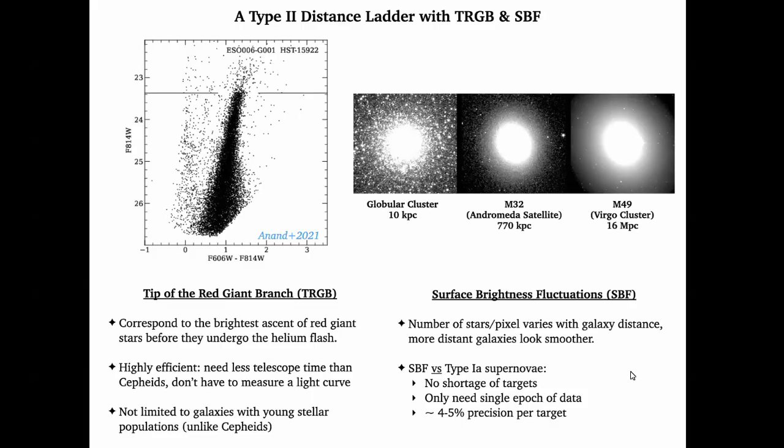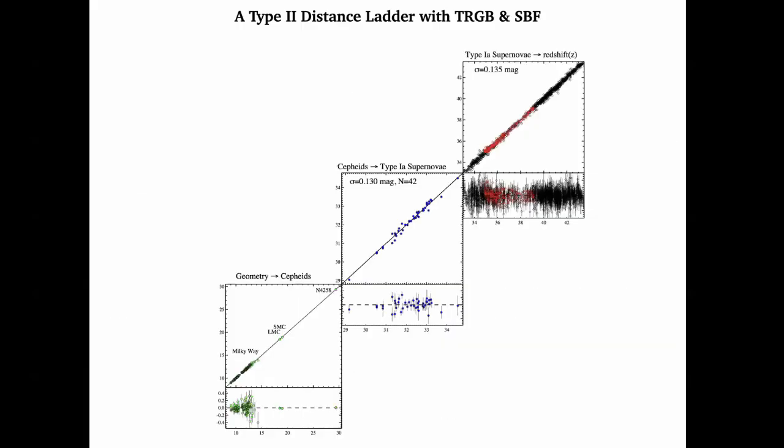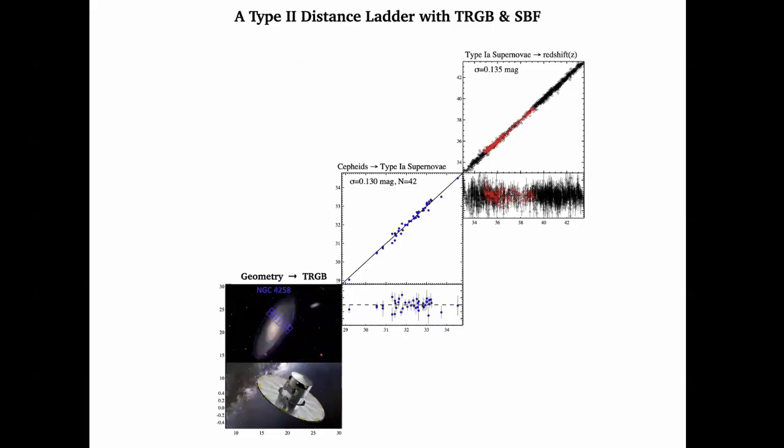And so far, they have reached a 4–5% precision with that method. So you remember that plot I was showing earlier with Cepheids and type 1a supernovae? Well, now with that alternative type 2 distance ladder, they're still trying to use Gaia on the first rung to calibrate the tip of the red giant branch.